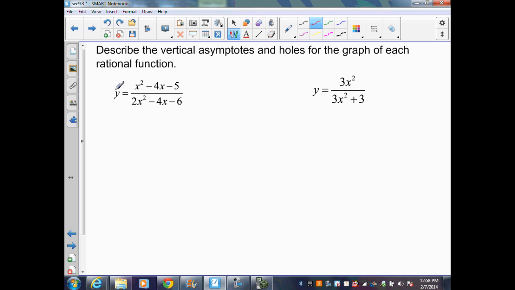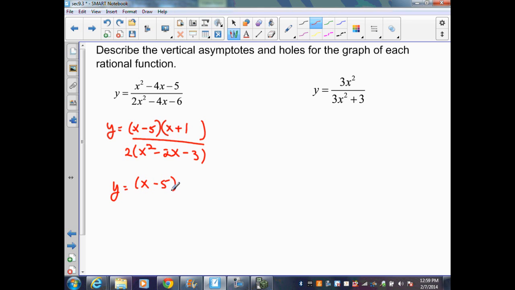Again, I want to find the asymptotes and holes. I want to factor y equals x minus 5, x plus 1, factor a 2 out of the denominator, x squared minus 2x minus 3 gives me y equal to x minus 5, x plus 1 over 2 times x minus 3, x plus 1.